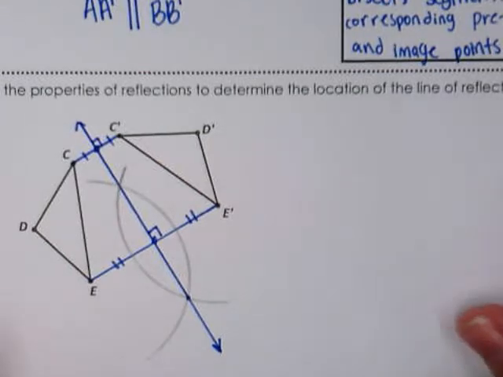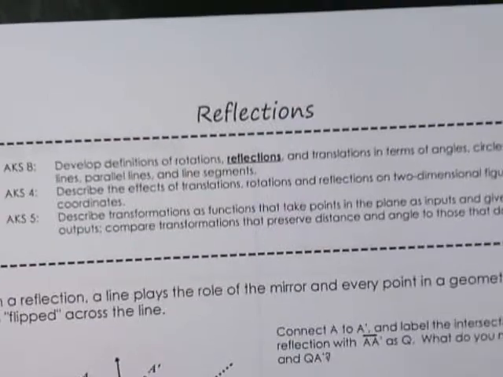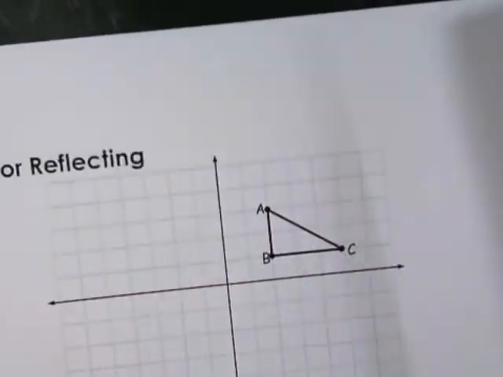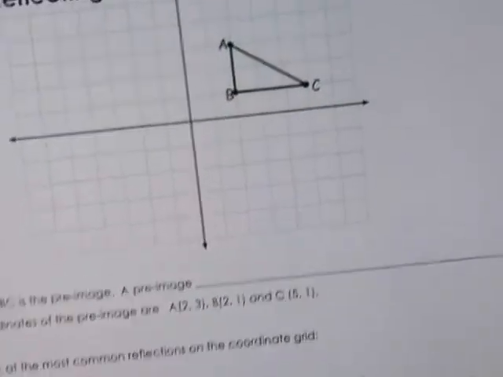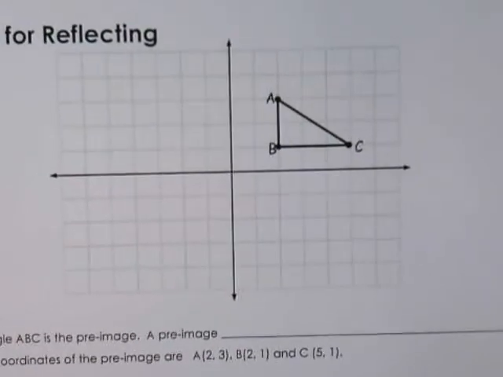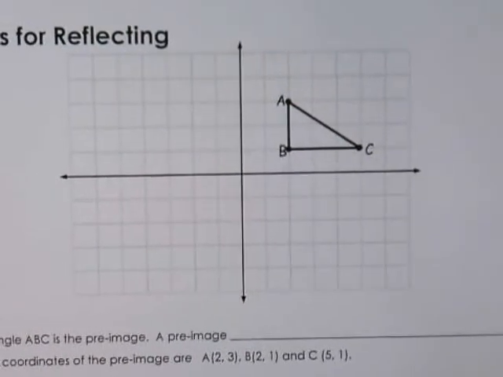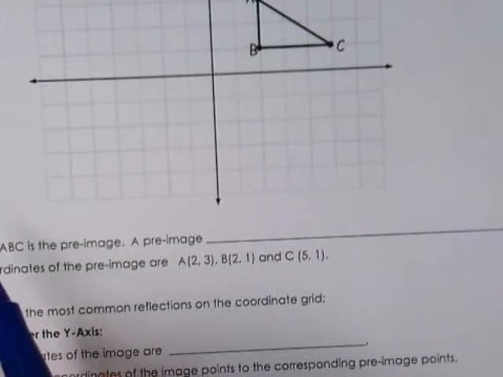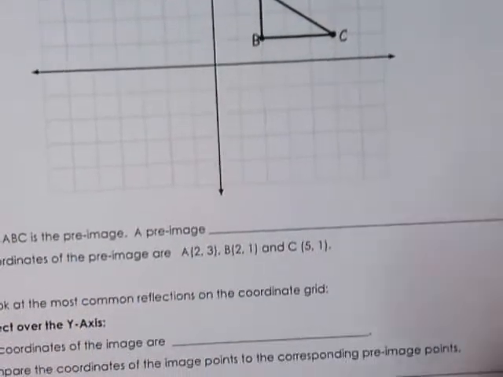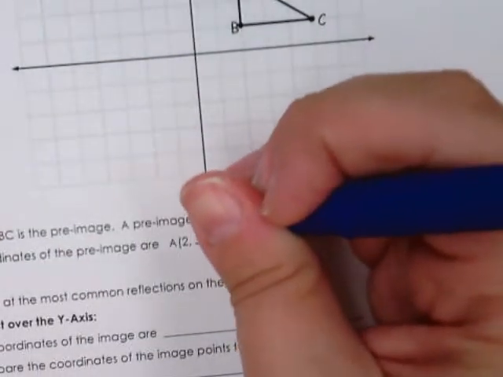Now let's look at some of the common reflections. So we will often reflect over certain lines, and we're going to go over that here. So for rules of reflecting, the first blank says, it says triangle ABC is the pre-image. A pre-image is like a starting point.